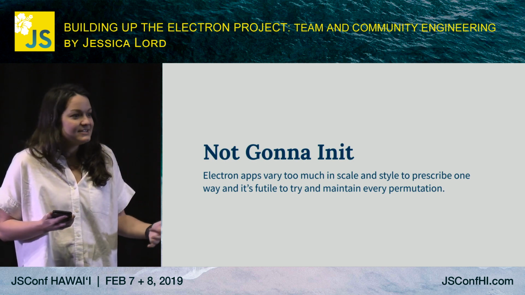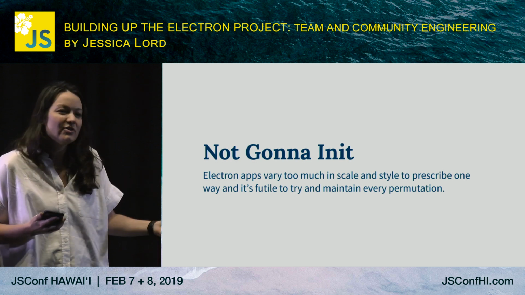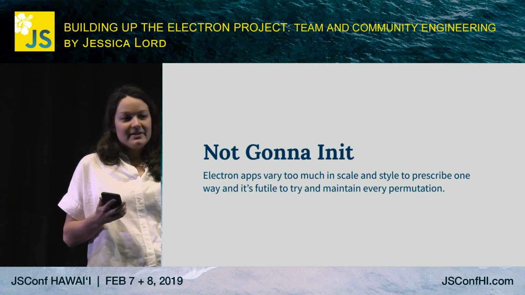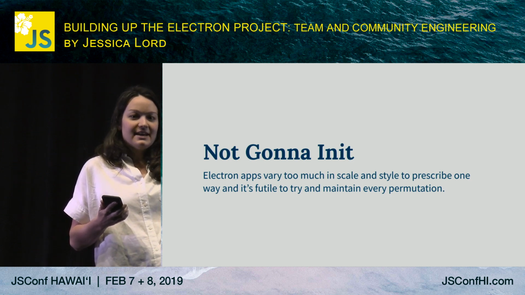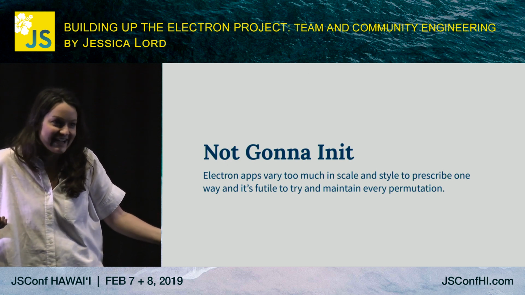The thing is, there's nothing wrong with init scripts and scaffolding, but it was wrong for Electron. With Electron, you could build a single app that runs in your menu bar and tells you the weather and is this big. And you can also build Slack.